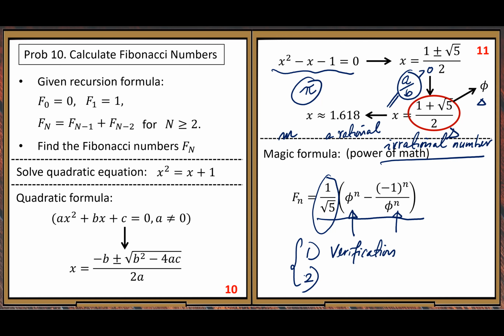Because to do verification, you skip that discovering step, right? You rely on some other smart people to discover this magic formula for you. But you would like to know how to discover it. So our second step is derivation.